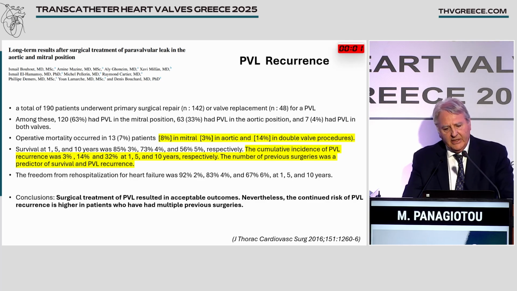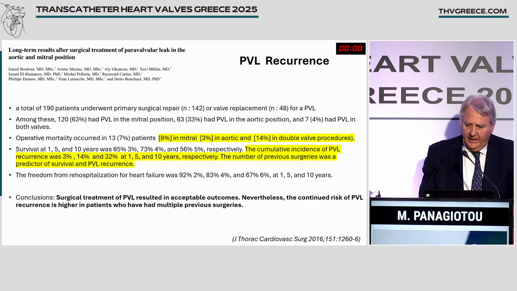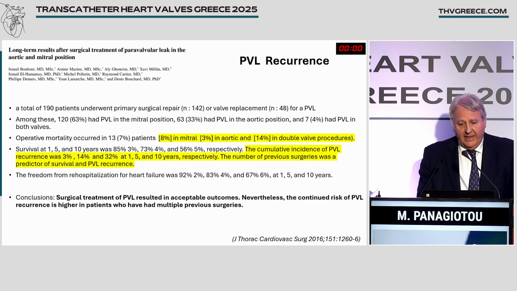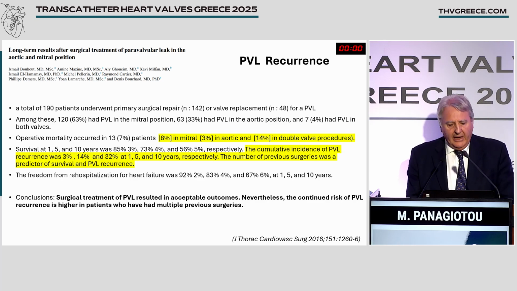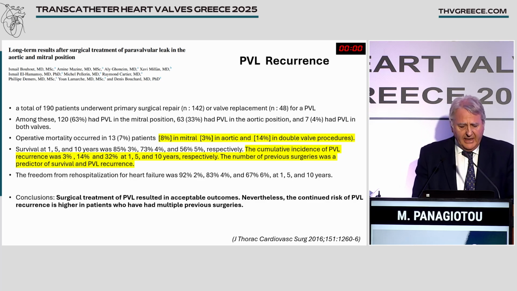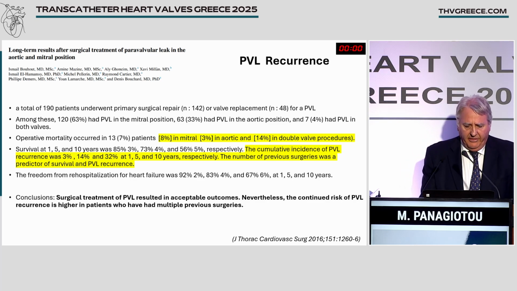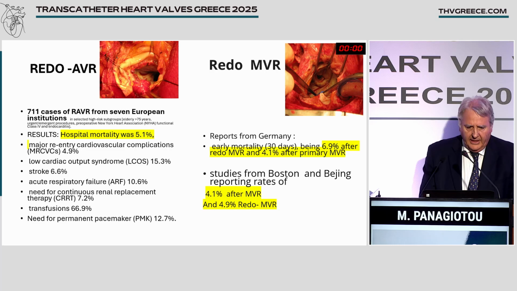Another big series from Canada: 3% for aortic, 8% for mitral, and 14% for double valve procedures. In this series, it was clearly seen that there is also a PVL recurrence, 3% in the first year and 32% after 10 years.